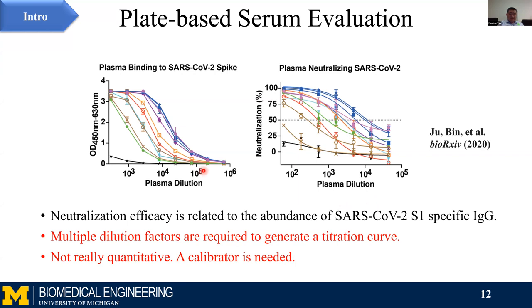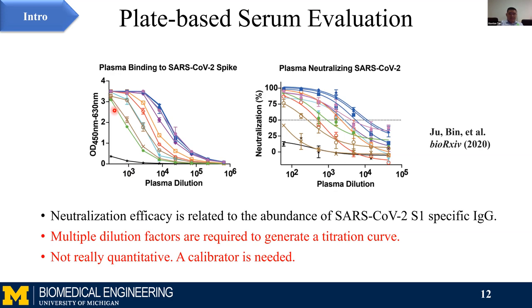Another limitation is that this type of measurement generally doesn't have a calibrator, so the quantification is only performed using the optical density as a readout. So this is not a real quantification, which means a calibrator is needed.